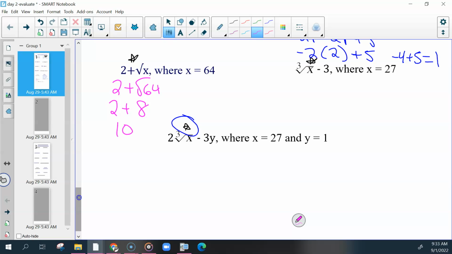It's your final answer. You could double check that in your calculator. I'm going to wait until we get to this bottom one to double check. Questions on that one? If you aren't sure what the square root of a certain number is, definitely use your calculator, double check it.